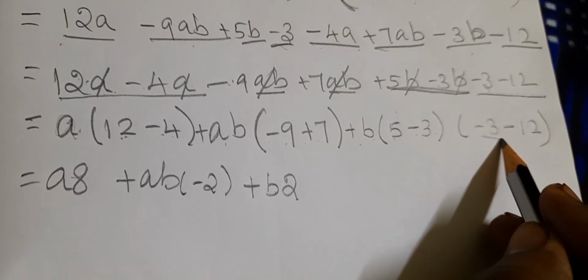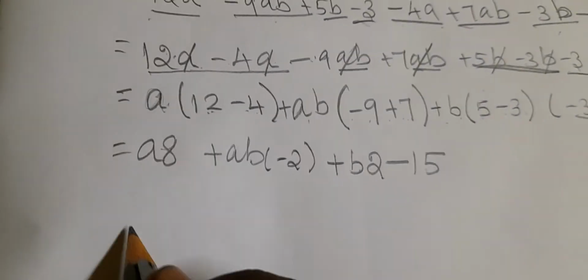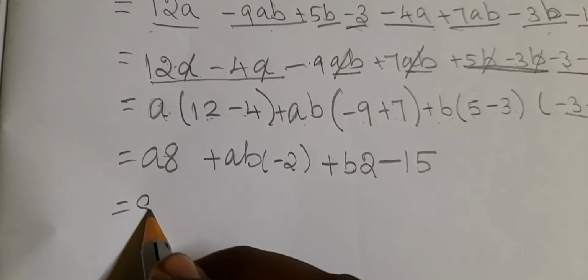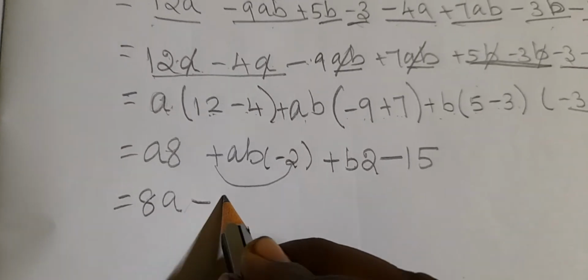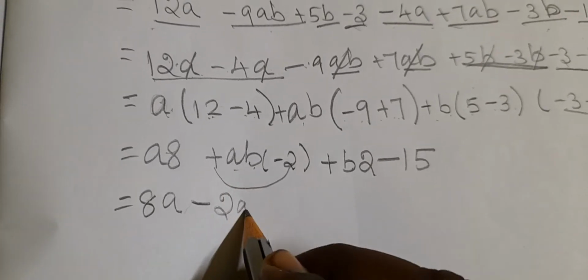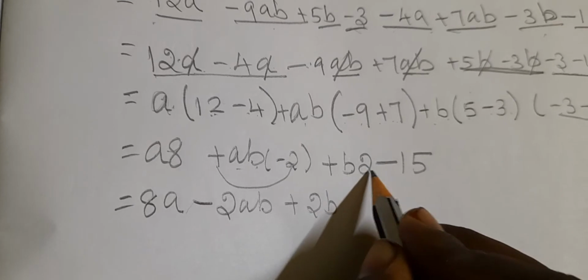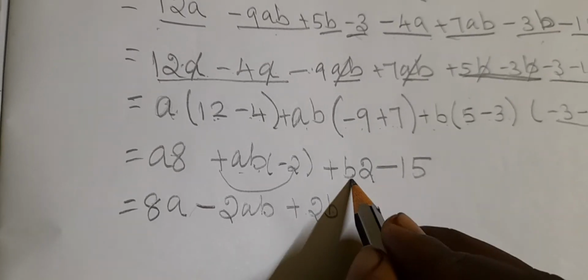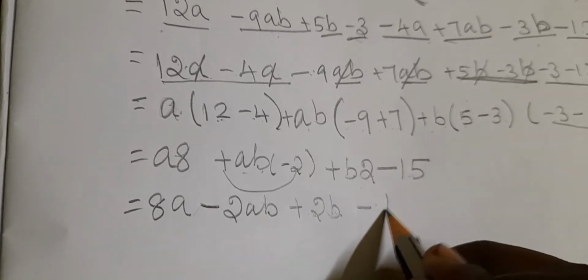Then minus 3 minus 12 will be minus 15. Now let us rewrite it: 8a minus 2ab plus 2b minus 15. I have written 2b instead of b2; both are the same value.